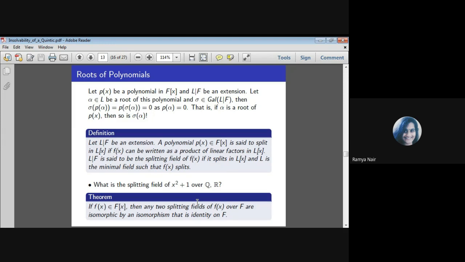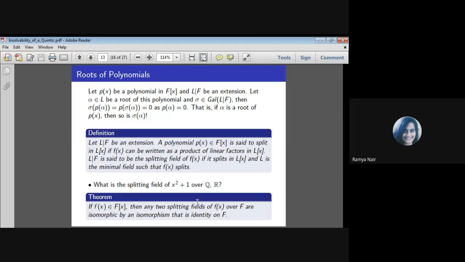For instance, x squared minus 2 does not split in Q[x] because the roots of that polynomial are not in Q. So you cannot write it as x minus square root of 2 multiplied by x plus square root of 2 in Q[x], because in Q[x] the coefficients have to be in Q. So this polynomial splits in Q adjoined square root of 2.